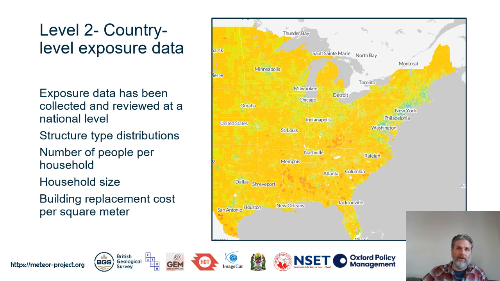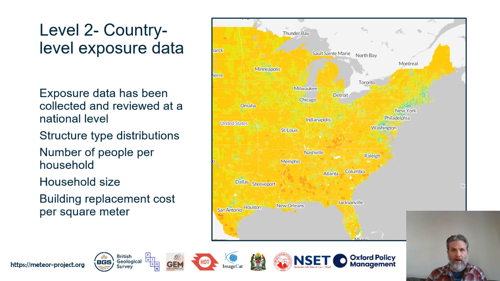So typically, if there's any regional adjustments in things such as household size, number of people per household, and so forth, that will either come from the census or based on just a real limited change that an expert might make.